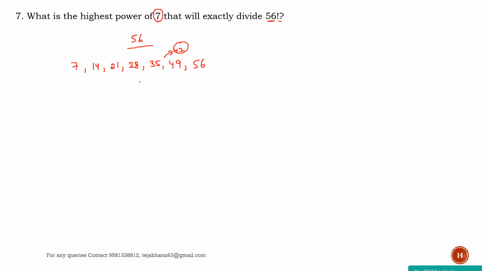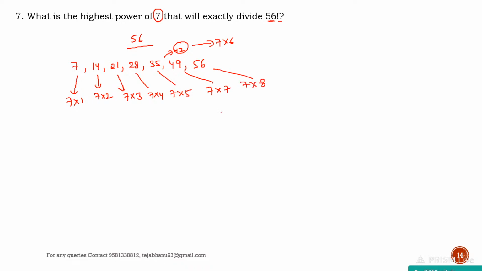Now have a look. 7 can be written as 7 into 1, 14 is 7 into 2, 21 is 7 into 3, 28 is 7 into 4, 35 is 7 into 5, 42 is 7 into 6, 49 is 7 into 7, 56 is 7 into 8.